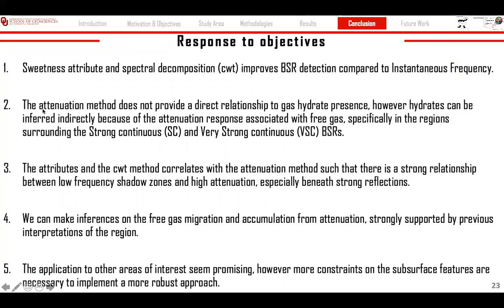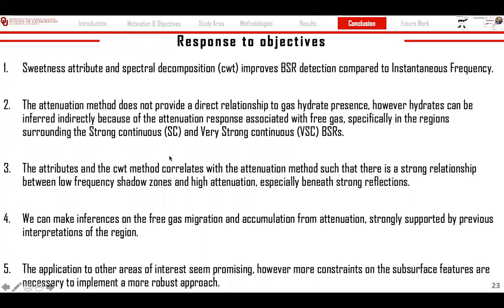We also observe that the attenuation method does not provide a direct relationship to gas hydrate presence. However, gas hydrates can be inferred indirectly because of the attenuation response associated with free gas, specifically in the regions that encompass the strong continuous BSR and the very strong continuous BSRs.